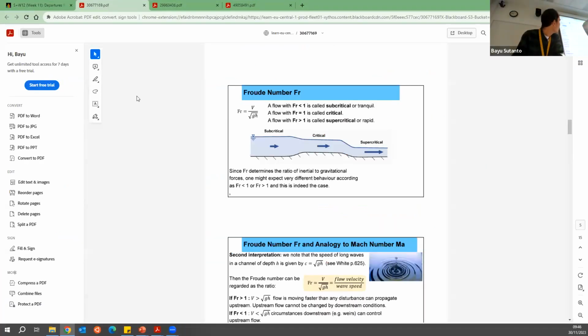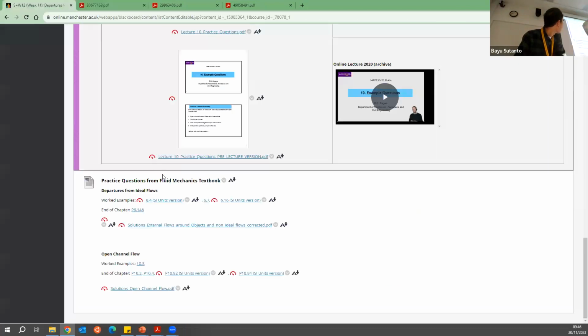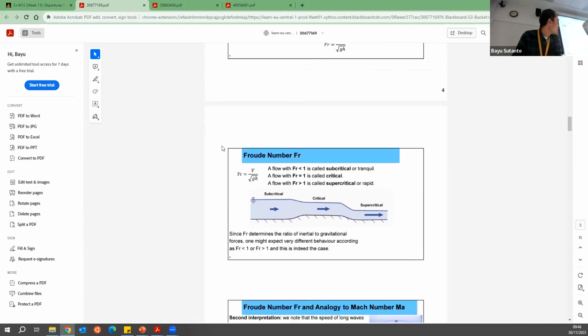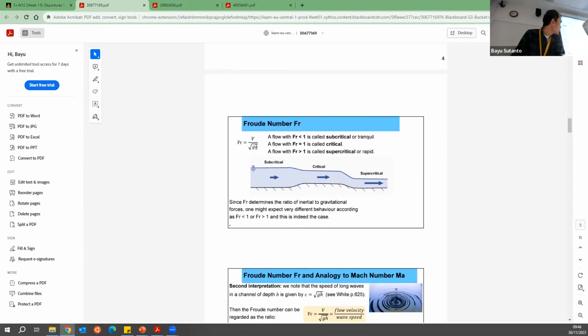I don't know if it is already explained by Ben or not, but the Froude number is the ratio between inertial force to gravitational force to define whether it is subcritical, critical, or supercritical.